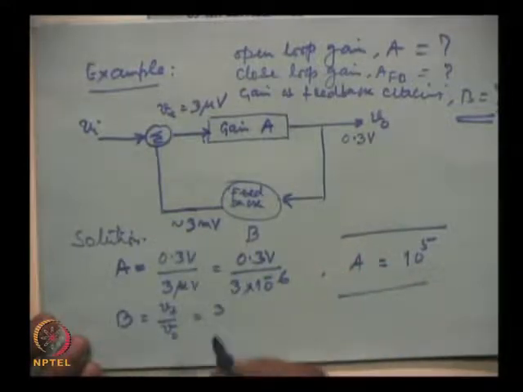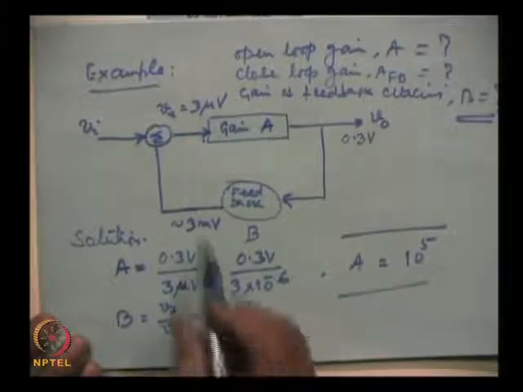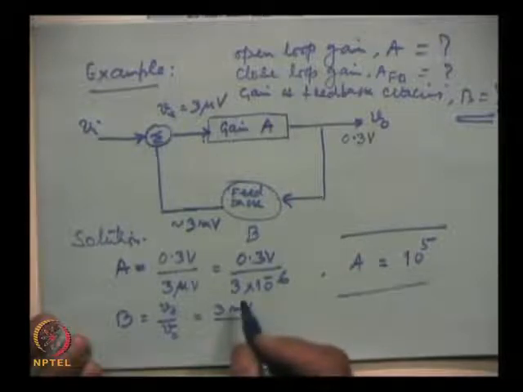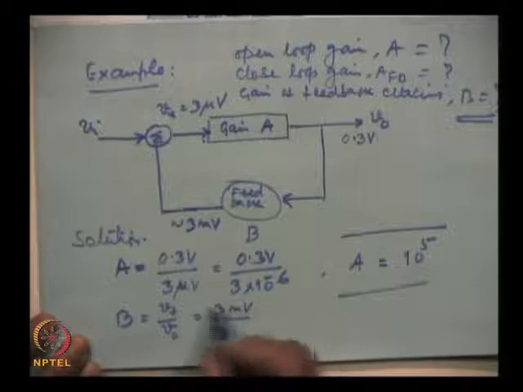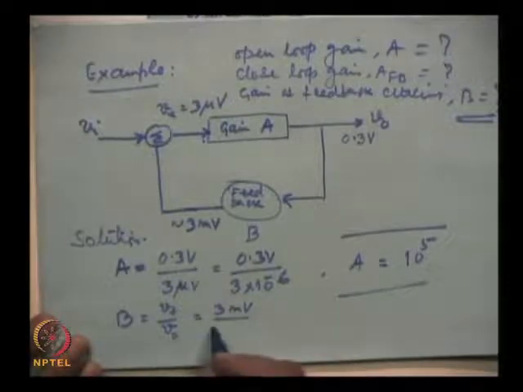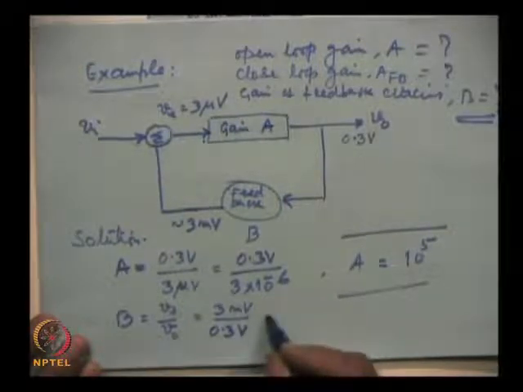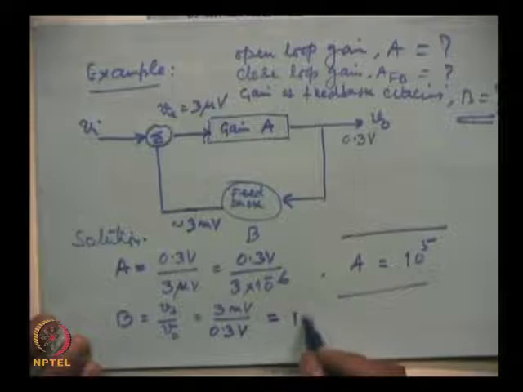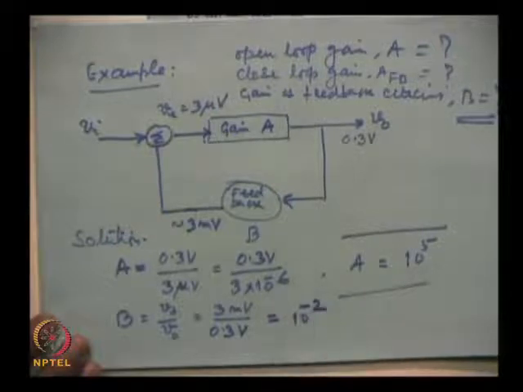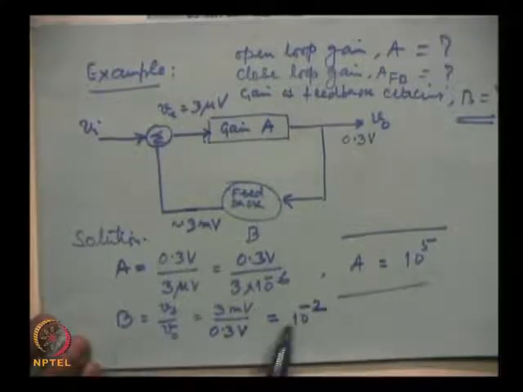So this is 3 millivolts by V0, and V0 is 0.3 volts, and this comes out to be 10 to the power minus 2.